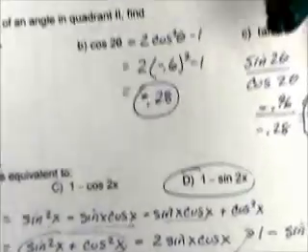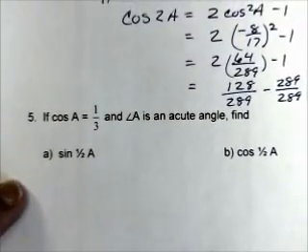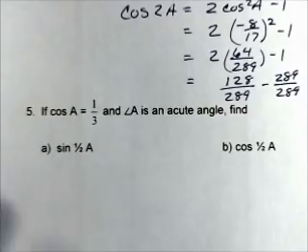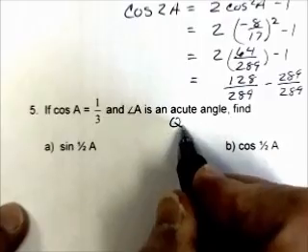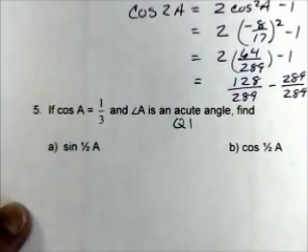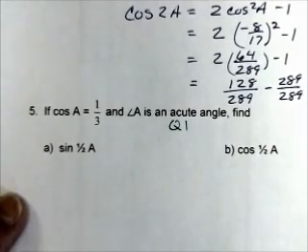Next, on to page 6. Number 5, we have if cosine A equals 1/3 and angle A is an acute angle, so that means it's in quadrant 1, find the sine of a half A. So since our original angle is in quadrant 1, half the angle would be in quadrant 1 as well.